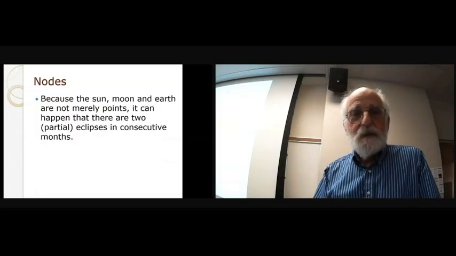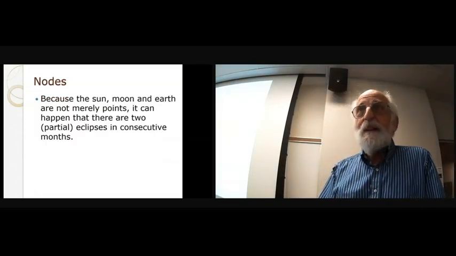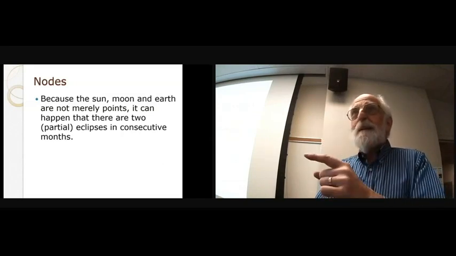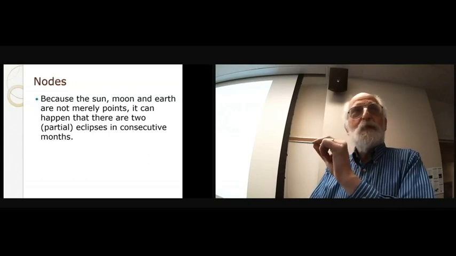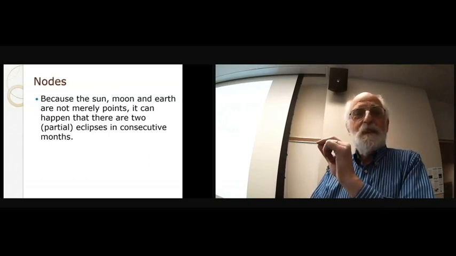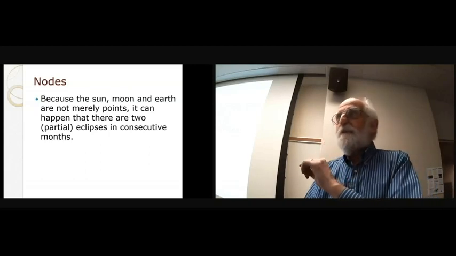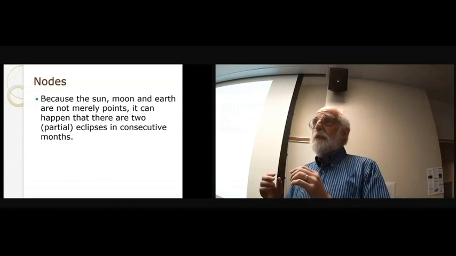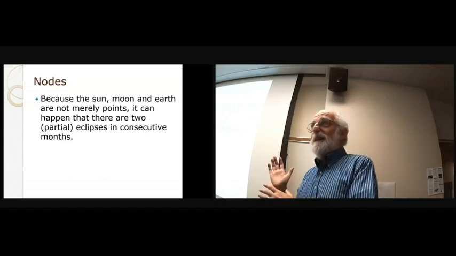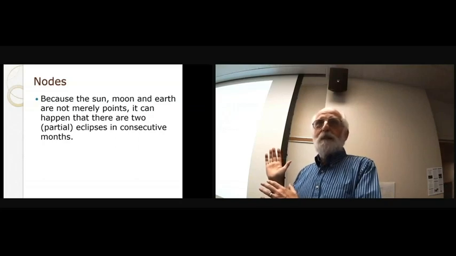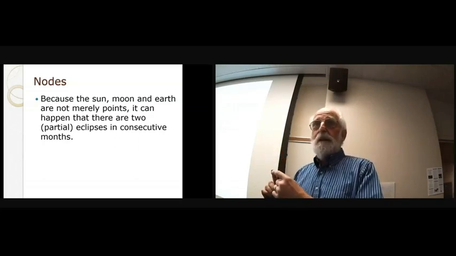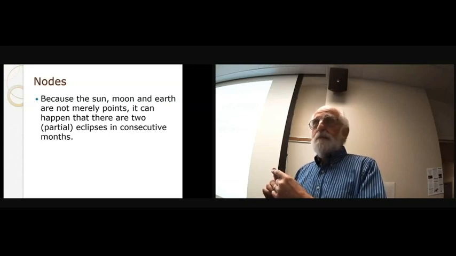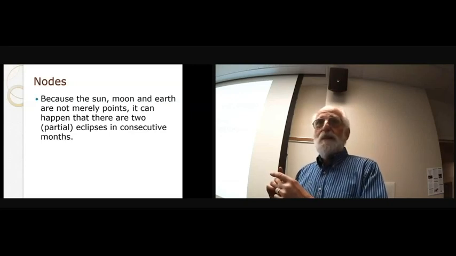So the conclusion is that there should be an eclipse every month of the 2 seasons. Well, if the sun, the moon, and the earth were points, which is an idealized version of the mathematics here, you'd only expect 1 eclipse during a season.